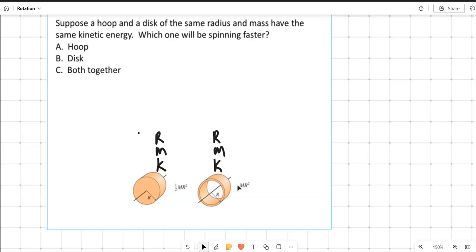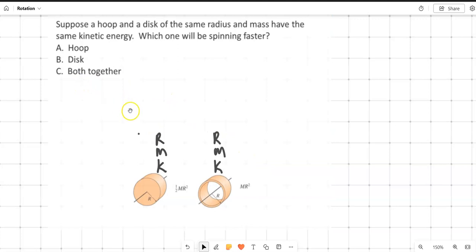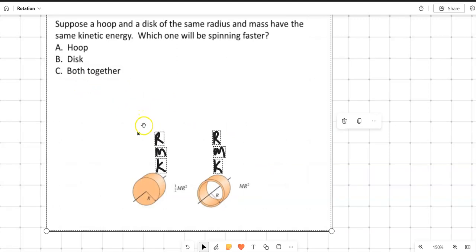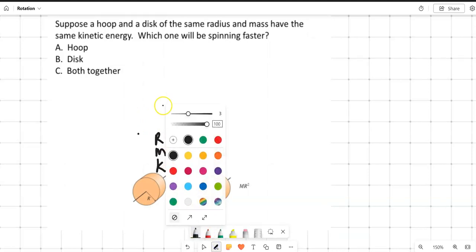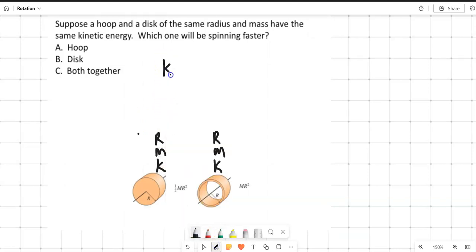Okay, we're back. So let's start out really quick and, since they both have the same kinetic energies, we're going to set the kinetic energy of the disk equal to the kinetic energy of the hoop.